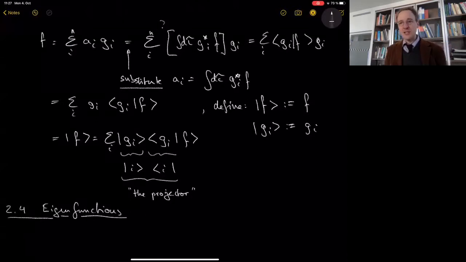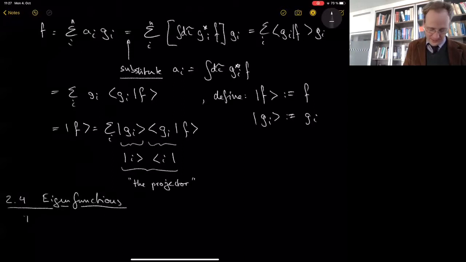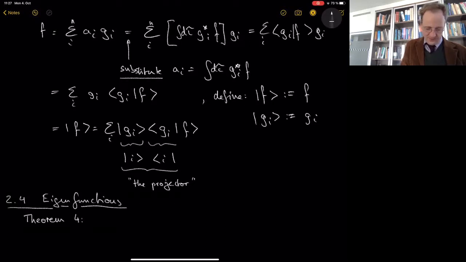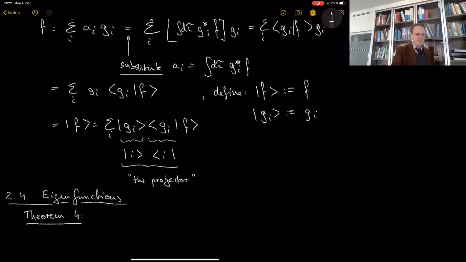And again, I'll just start out with the theorem, and then we will demonstrate it. Theorem number 4. Okay. So theorem number 4 is about what we can know about the eigenfunctions of Hermitian operators, right? And apart from them being useful as basis functions, there's another really cool thing, and that is theorem 4.